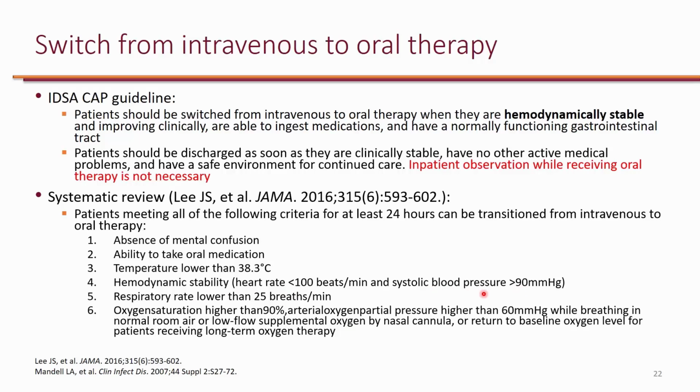This is without using pressors, so without using norepinephrine, the blood pressure should be greater than 90. Another criteria is respiratory rate lower than 25 and oxygen saturation higher than 90%.